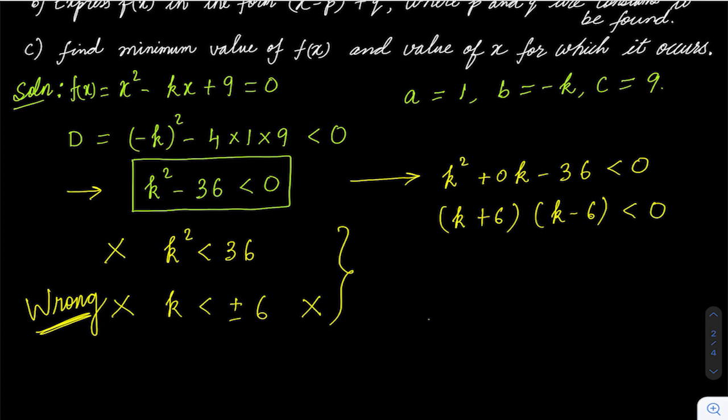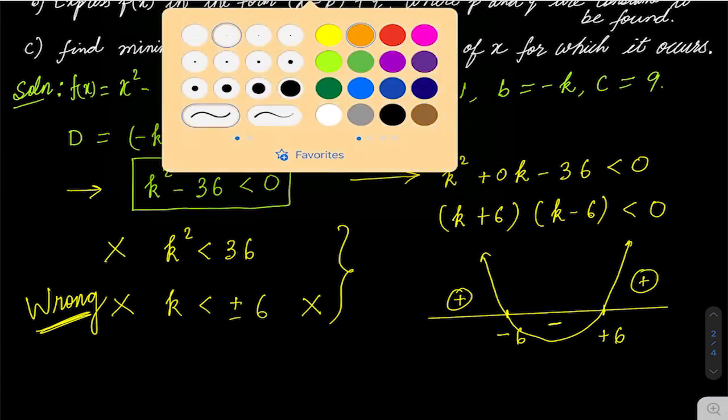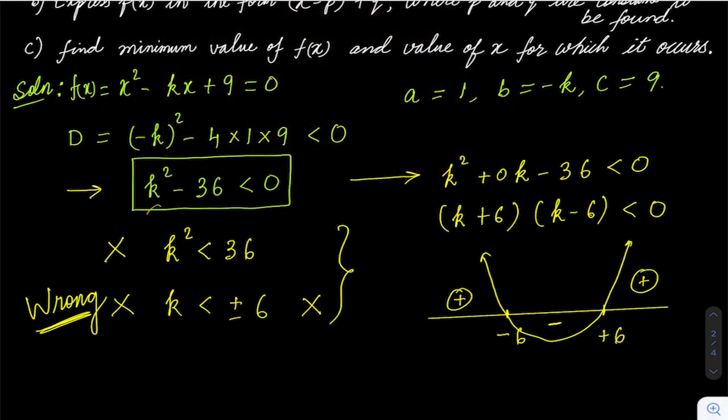Now again, this is a quadratic, so we will draw the rough graph, or however you are used to solving the inequality. So minus 6, plus 6, and the graph will be something like this. Obviously, this part is giving positive values and this is giving positive values. Now I need this quadratic to be less than 0.